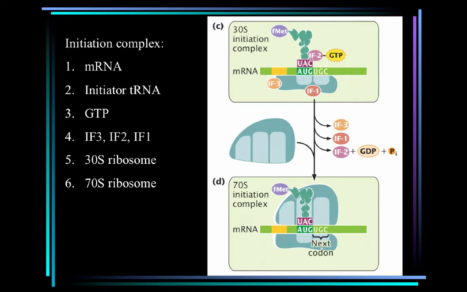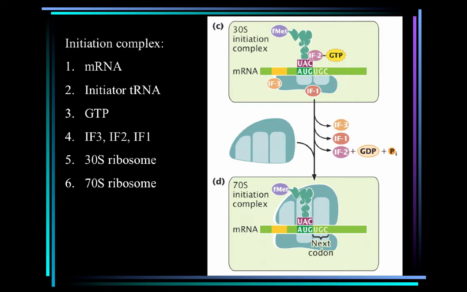Finally, the transfer RNA is going to move in and form a complex with initiation factor 2 as well as guanine triphosphate, which is another energy source. That complex will bind to the initiation codon, and at the same time, initiation factor 1 is going to join the small subunit.